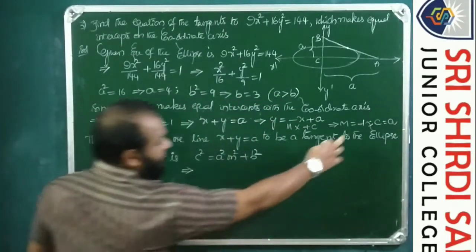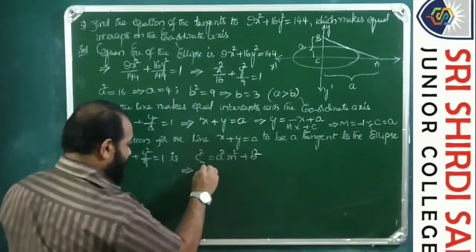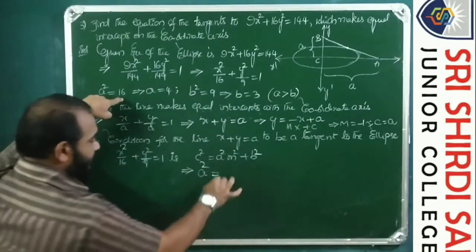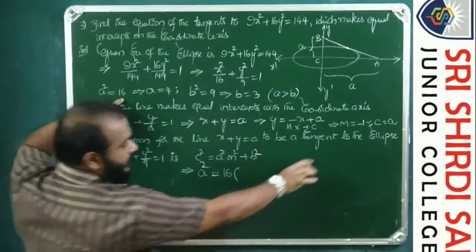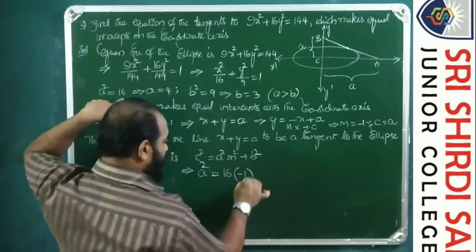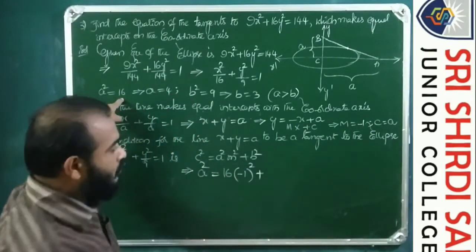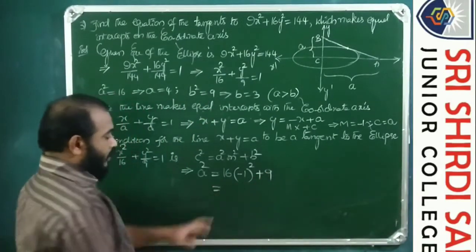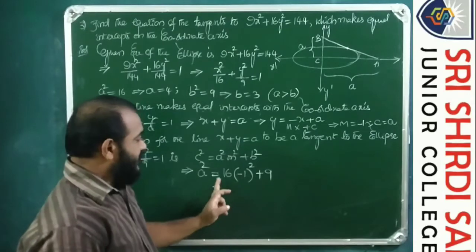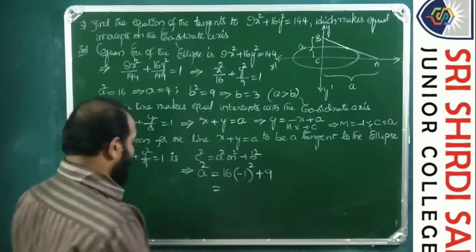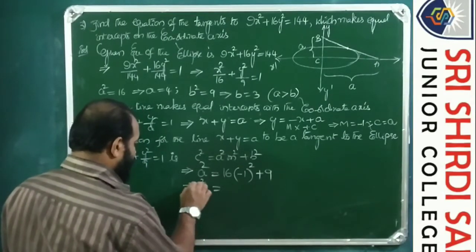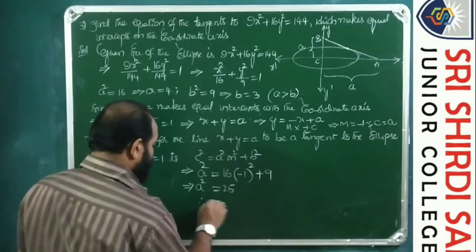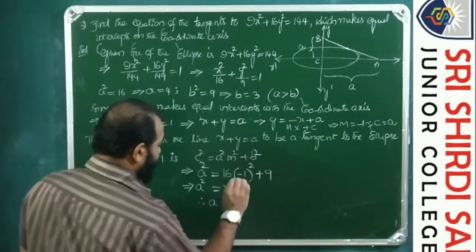So c square is how much? a square equals, a square is 16, m square is minus 1 whole square, plus b square is 9. So minus 1 whole square is 1 into 16, 16 plus 9, 25. So a square equals 25. Therefore a equals plus or minus 5.